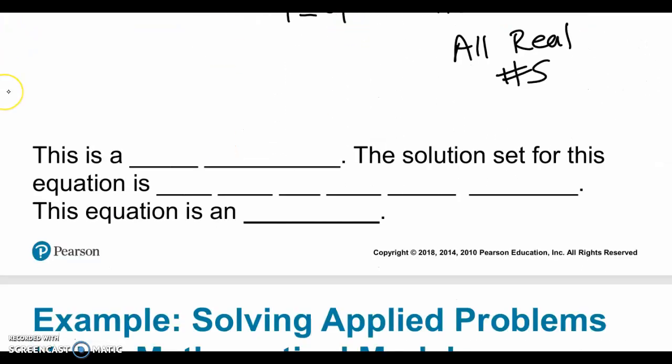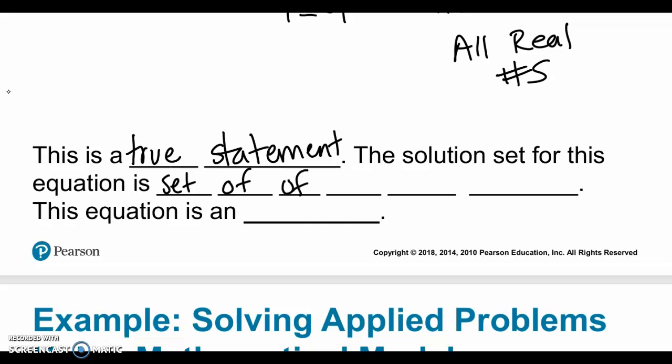So we'll fill in this blank. It says this is a true statement. The solution set for this equation is the set of all real numbers.